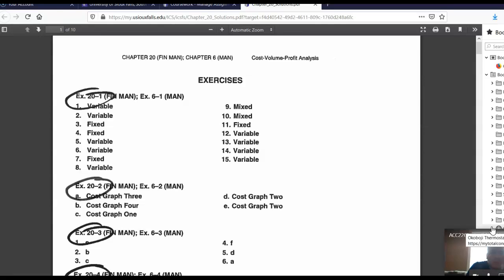As you produce more, that line will go up because in total, that number will go up. So that's graph 3. Letter B, the electricity, that's $1,000 a month. So this is a mixed question, and that would be best described as graph 4. It starts at a number, and then based on that, it'll go up from there.